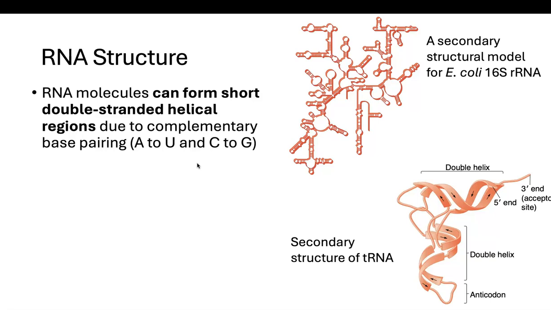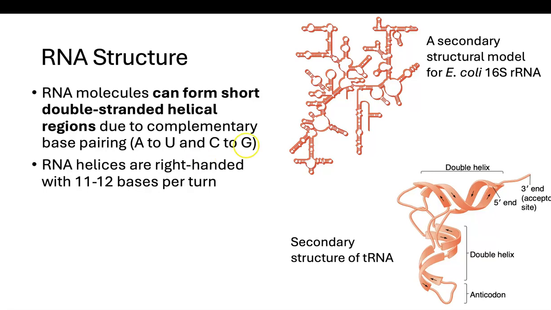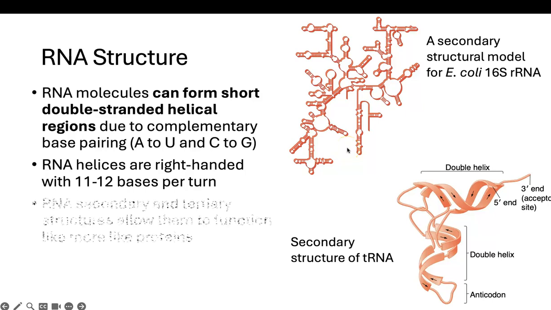The RNA molecules will form these short double-stranded regions, and these are usually for forming a secondary structure, right? As seen in this 16S rRNA molecule, R being ribosomal RNA. So this molecule is going to be really important for translation.